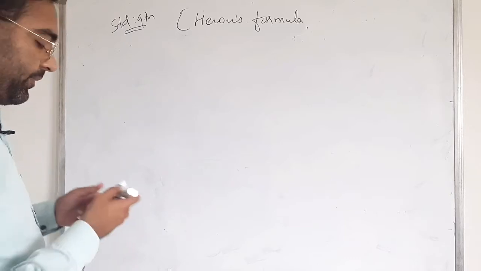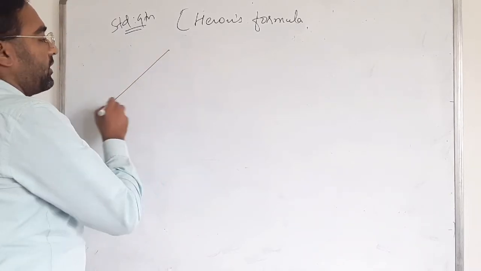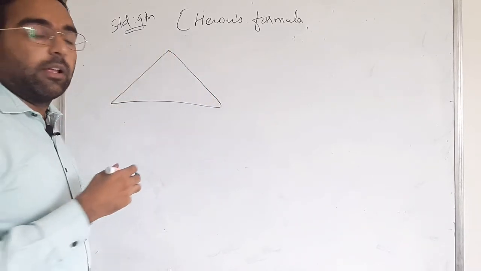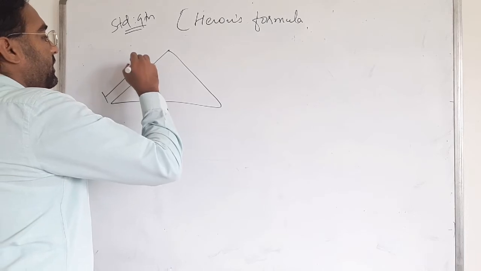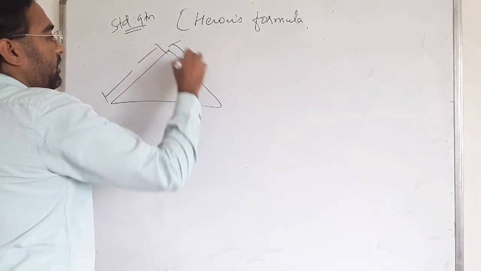Here my triangle is given, and this is an equilateral triangle. There is no measurement of any side given.